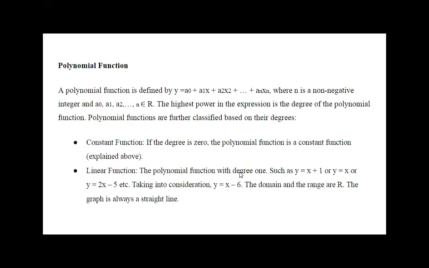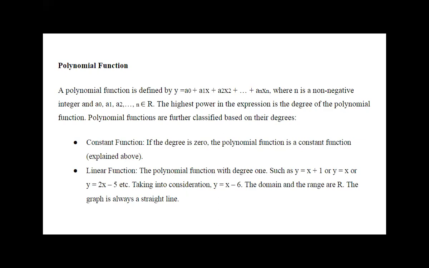Here it is saying polynomial function. In that, constant function is there and linear function is there. Constant function means a single value of the output. And linear function is what? Linear function means the power of that variable is one only.